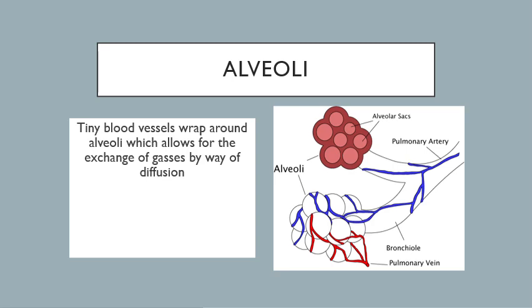At the same time, a high concentration of carbon dioxide in these blood cells is going to get transferred into the alveoli just through diffusion. It's passive. So the alveoli is where the magic happens because of diffusion of gases. Questions?